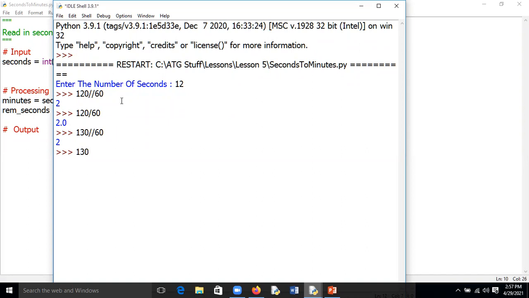So I'm going to go 130 mod 60, and you'll see it gives me the 10. Can you see how that gives me the remainder? So if I had 150 divided by 60, that's 150 seconds, that's actually 2.5 minutes, but it's actually 2 minutes. And how many seconds left? 2 minutes, 120 seconds. There is 30 seconds left. Can you see that?